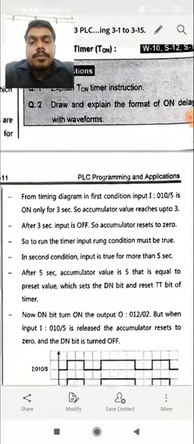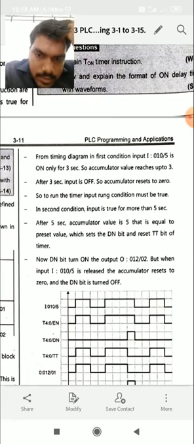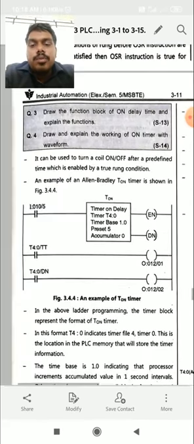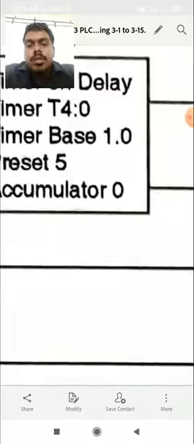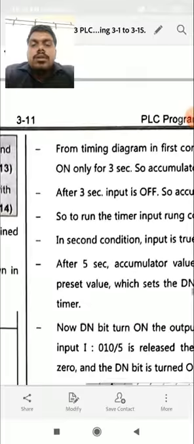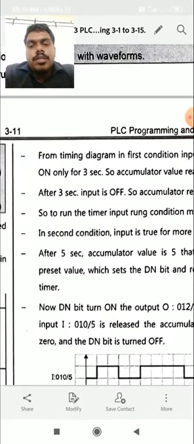From the timing diagram, the first condition, input I, is on only for 3 seconds. For 3 seconds the timer will be on. The accumulator value is initially 0, and it reaches 3 after 3 seconds.